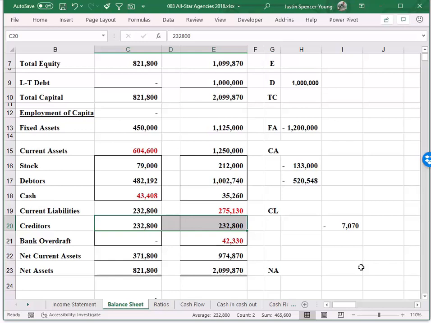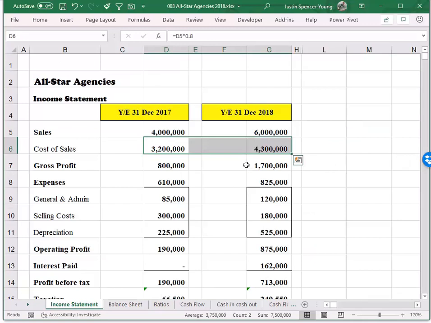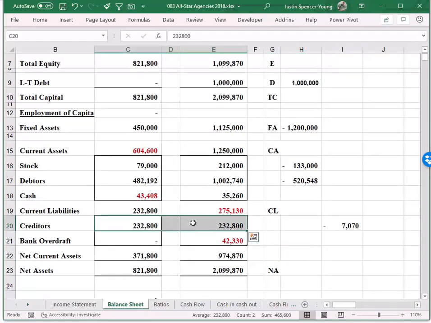Now, ideally, what I would like to happen is, because our cost of sales has gone up, remember this cost of sales, money we owe, money we pay to our suppliers, because that's gone up, I would have preferred that my creditors have gone up. If I'm buying more from my suppliers, I might owe them more.